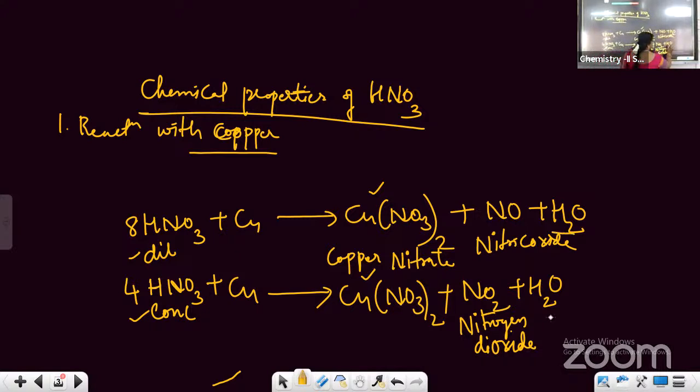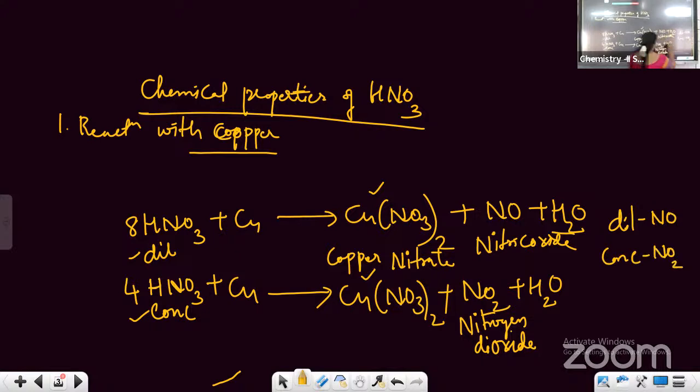And H2O is common. If you study with a technique, you will remember it, students. If you simply read it, you get confused. So make out the difference with the dilute. So with the dilute, you are getting NO, whereas with the concentrated, you are getting NO2.